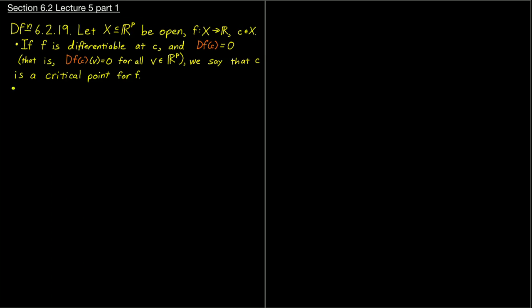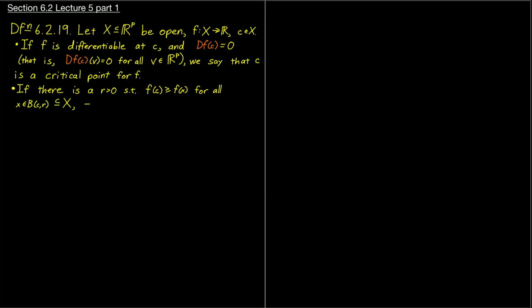Next definition is that if there is an R greater than 0 such that f of C is greater than or equal to f of X for all X in the ball centered at C of radius R, and because big X is open, we can insist that this ball has to be contained in X, our domain.